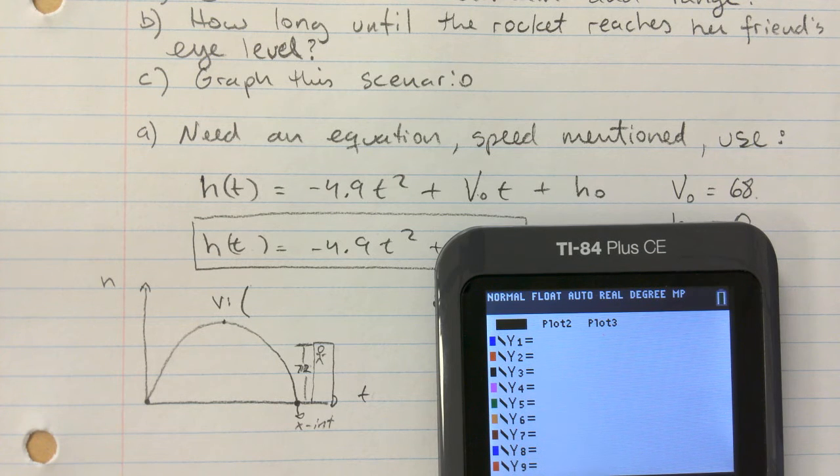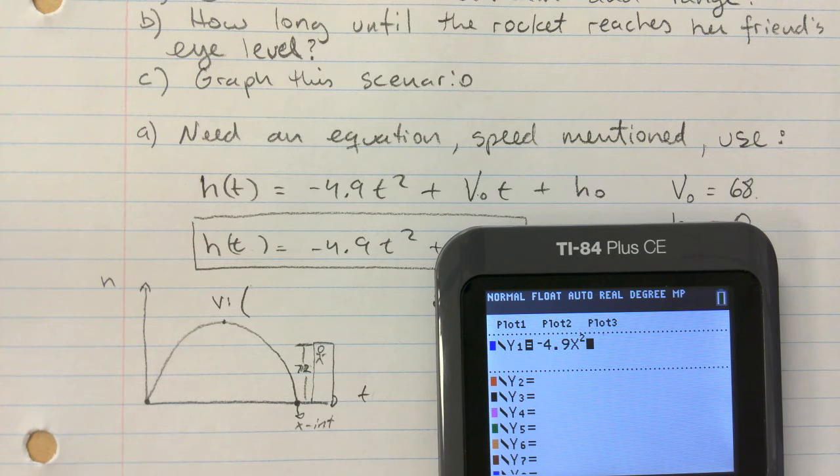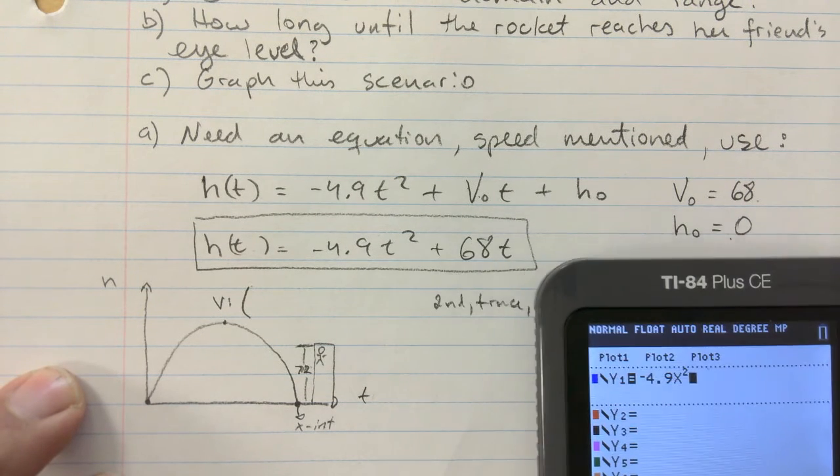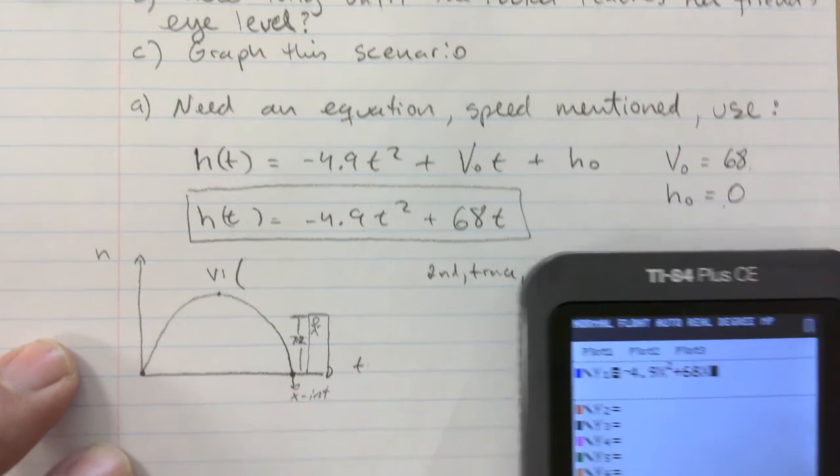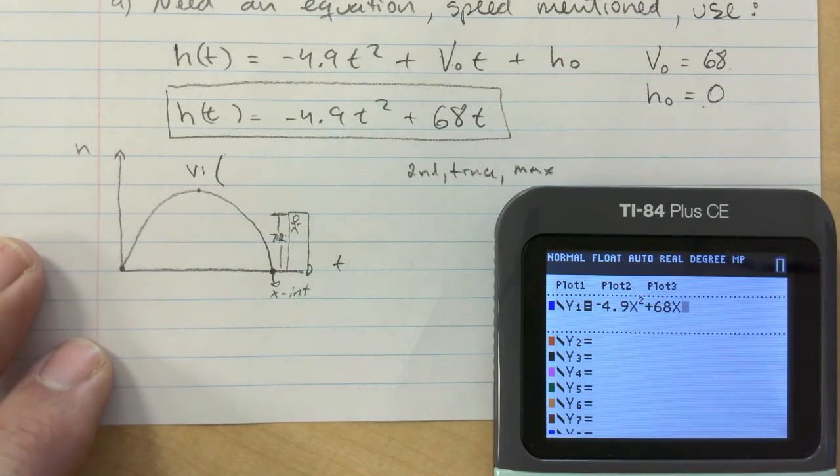I turn off plot 1. You don't want anything to do with plot 1, or else it will interfere with the points you have in L1 and L2. So let's go ahead and plug it in. You probably almost don't remember how to do that anymore, since you've been doing regressions for the last couple of days. So instead of t's, we just put an x, and then go ahead and graph it. Let me just scooch this up a bit.